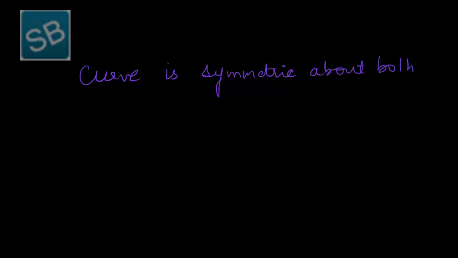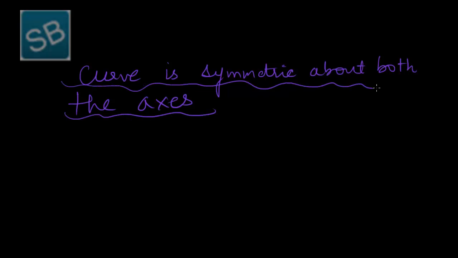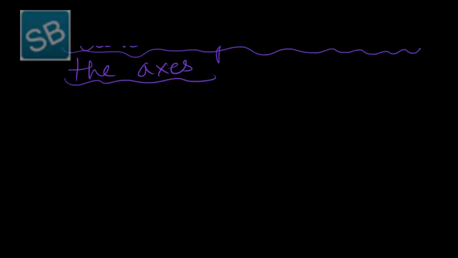Now the case is when the curve is symmetric about both the axes. We will find out the area when the curve is symmetric about both the axes.